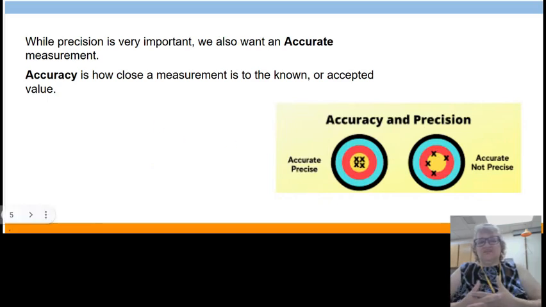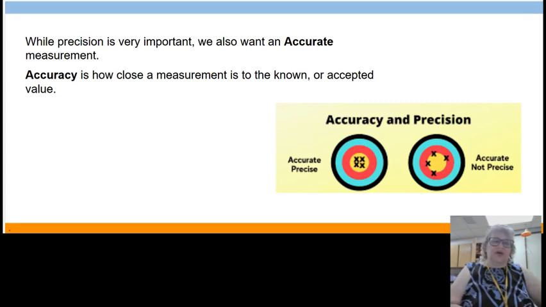While precision is very important, we also want an accurate measurement. Precision is how close your trials are together. Accuracy is how close you are to the accepted value.